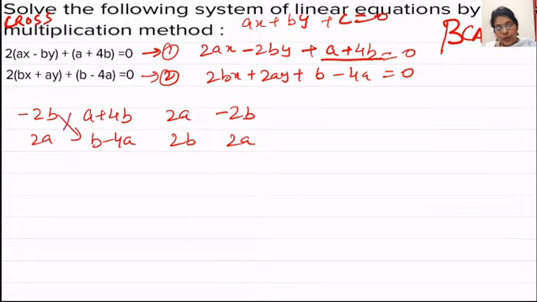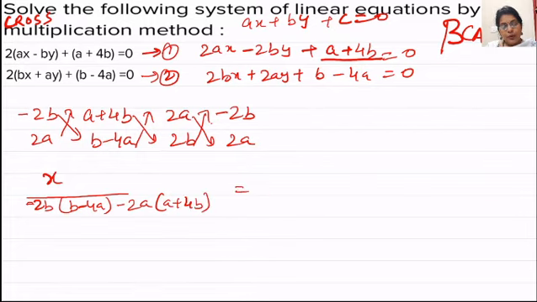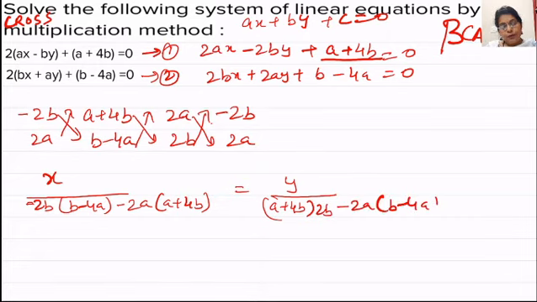We simply put the arrows. x upon minus 2b will be multiplied with b minus 4a, and here we will put the sign minus, and then we will write 2a into a plus 4b, is equal to y upon a plus 4b into 2b minus 2a into b minus 4a.